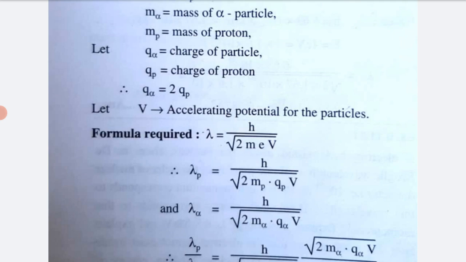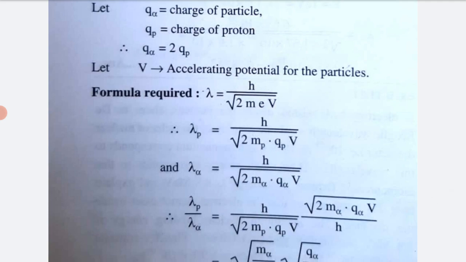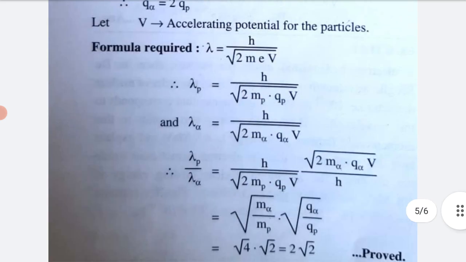Then lambda p is equal to h upon under root 2 Mp into Qp into V. And lambda alpha is equal to h upon under root 2 M alpha into Q alpha into V. Therefore, lambda p upon lambda alpha is equal to h upon under root 2 Mp Qp V, into under root 2 M alpha Q alpha V upon h, which is equal to under root of 2 M alpha upon 2 Mp, into under root of Q alpha upon Qp.